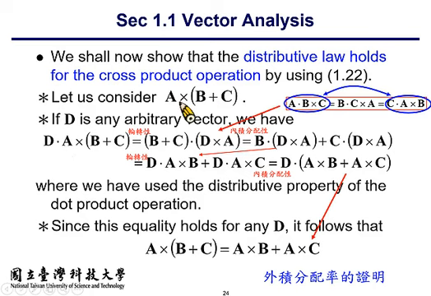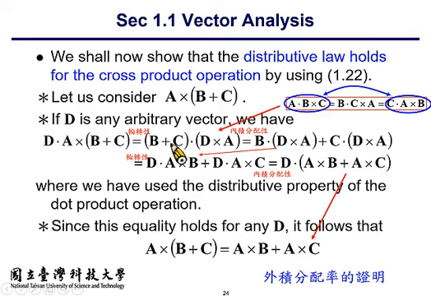So this is a simple two-vector cross product, A cross B plus C. But D dot A cross B plus C, according to the cyclic manner, is the same as B plus C, you move this one to the first and this one to the second position, and A to the third position like this.